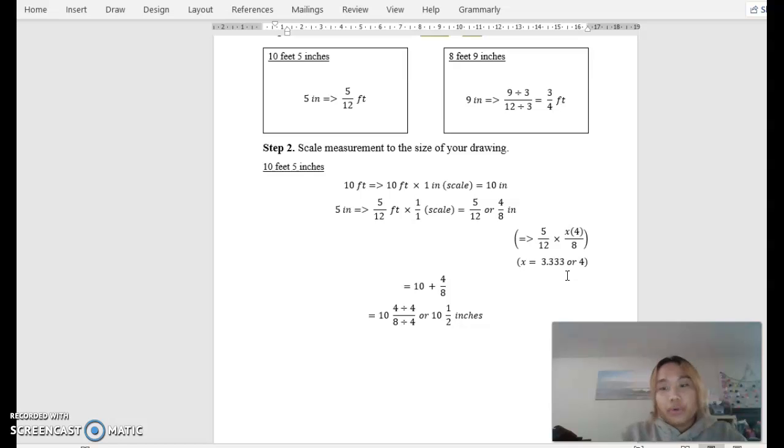We have to do it backwards. So that is why we have x over 8 here. So we just need to cross multiply. 5 multiplied by 8 gives us 40, divided by 12.